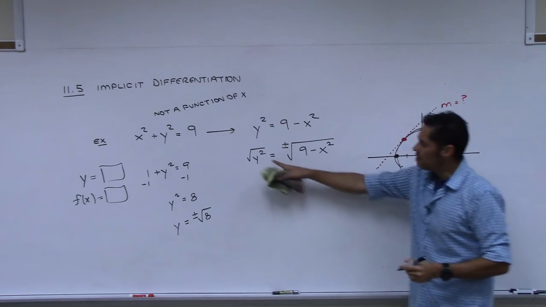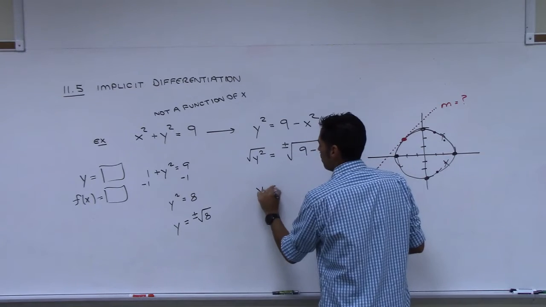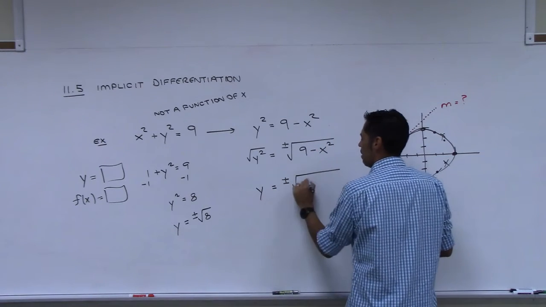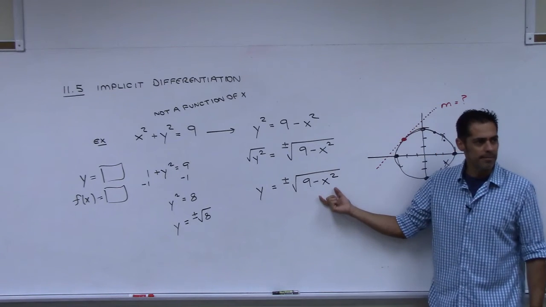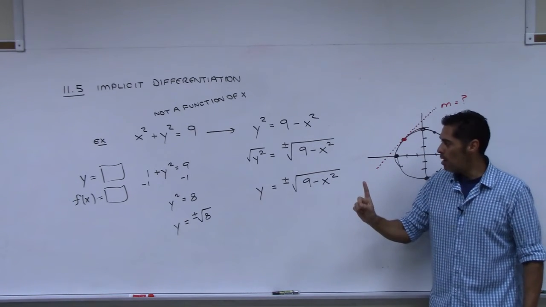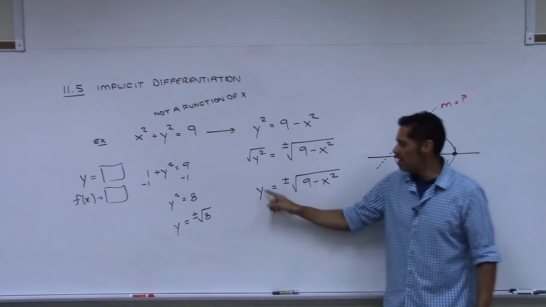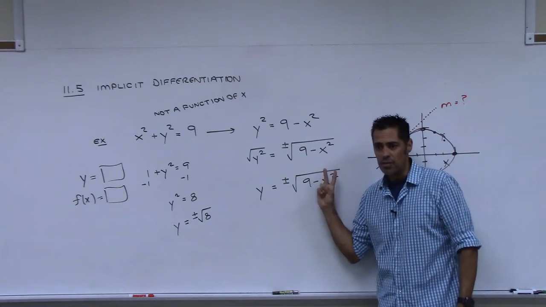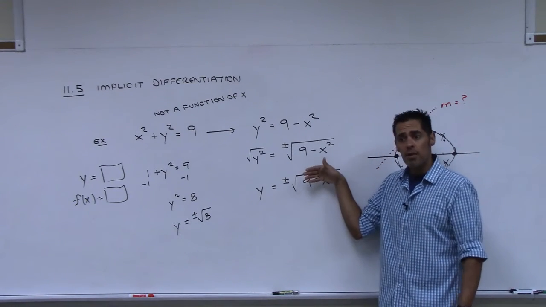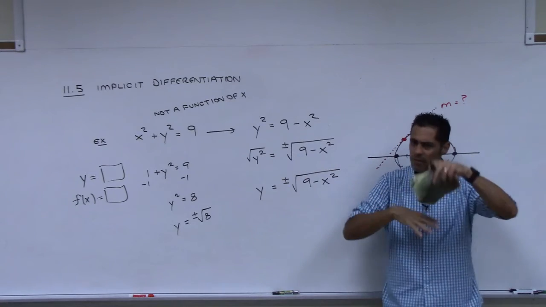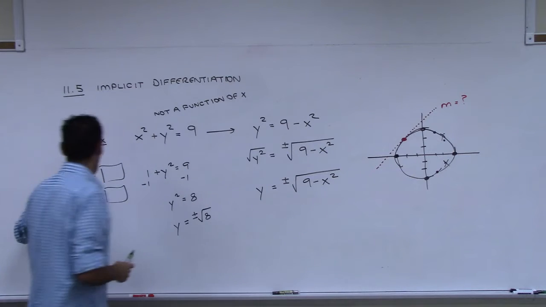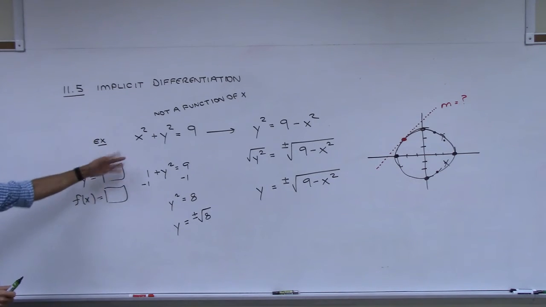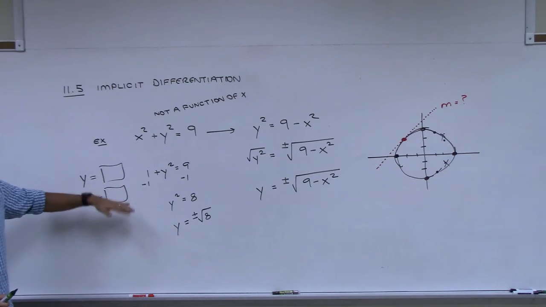So the left side becomes y, and the right side becomes plus or minus, like this. Go with me? The reason this is a problem is because this is not one function, this is actually two, right? There's a positive one and there's a negative. There's two different functions, and we never did that before. I never said y is equal to two different things, a positive and a negative, right?